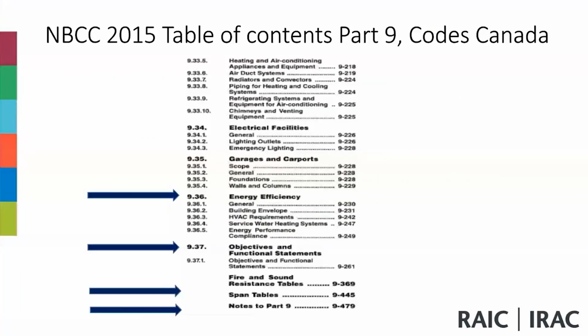We'll also cover energy efficiency under 9.36. And we will do a slight revision of the objectives and functional statements and alternative solutions. Note that the span tables and the fire resistance and sound resistance tables at the end of Part 9 are applicable only to Part 9 buildings, all right? These are part of the prescriptive provisions that you can use for assemblies and for design of Part 9 components and assemblies.